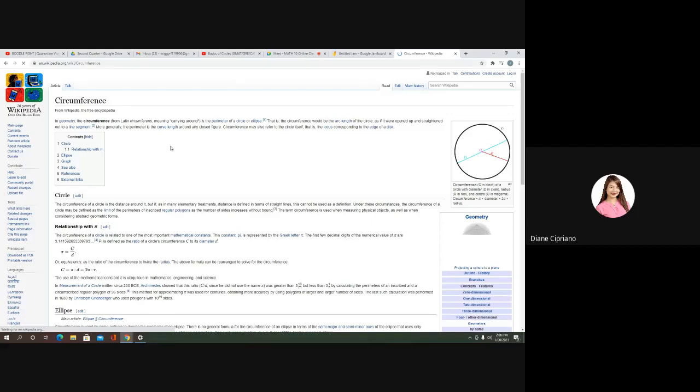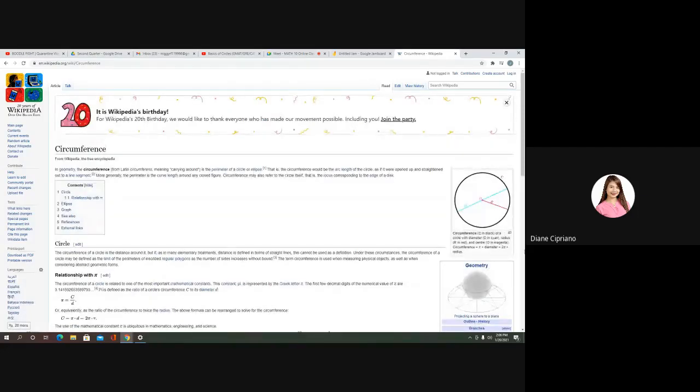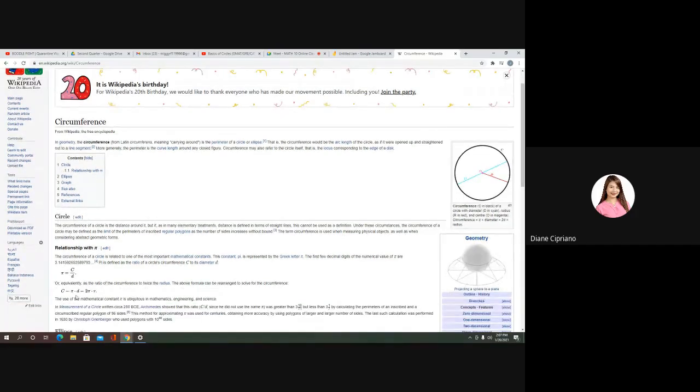The circumference of a circle with diameter d is the distance around the circle. So circumference is equal to this formula.